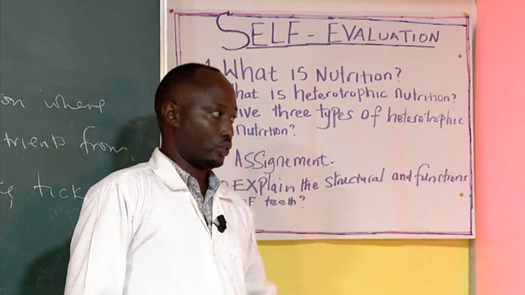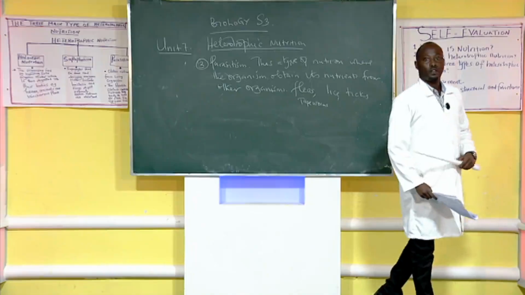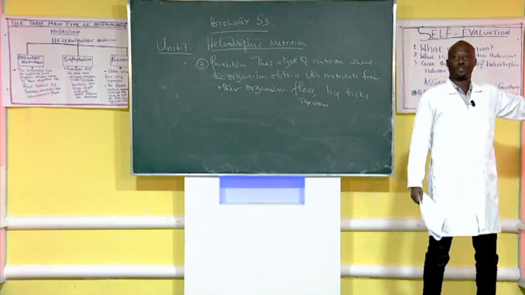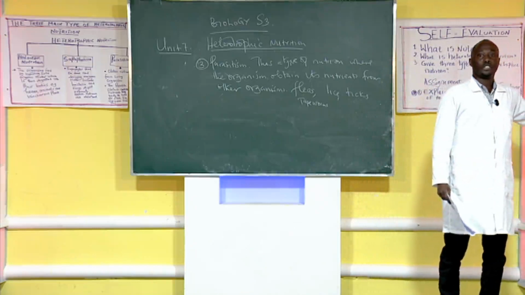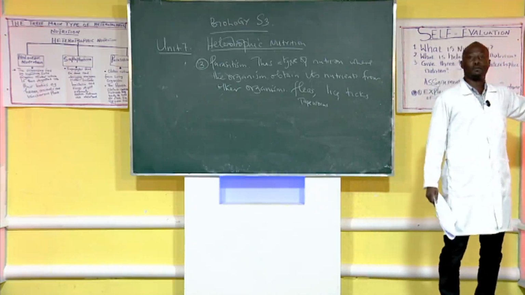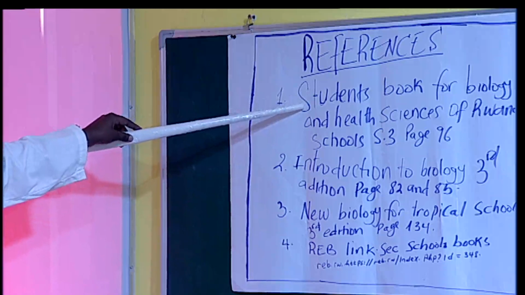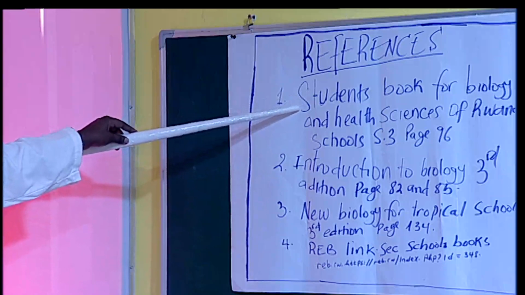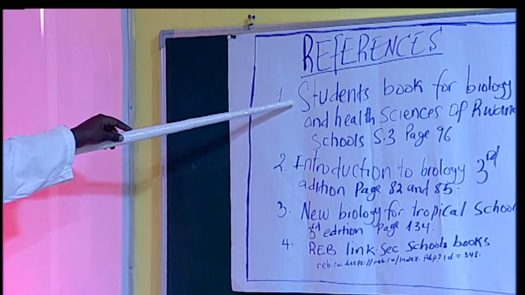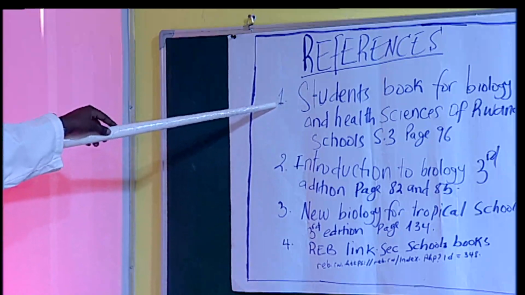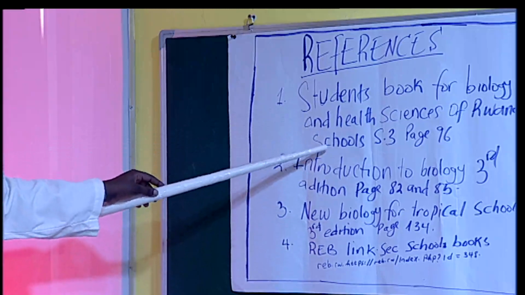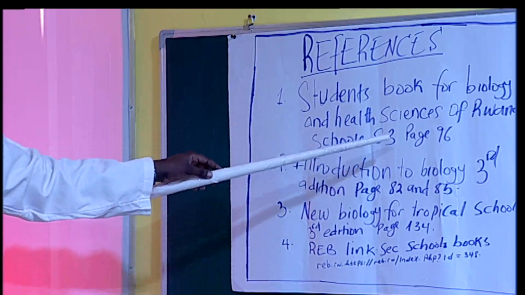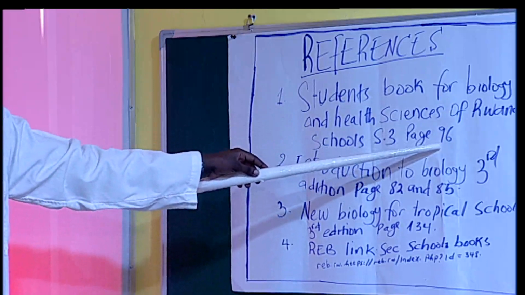Students, before I end today's lesson, I want all of you to take note of some reference books where you can find the information we discussed today. We have the Students' Book for Biology and Health Science of Rwandan Schools, page 96.